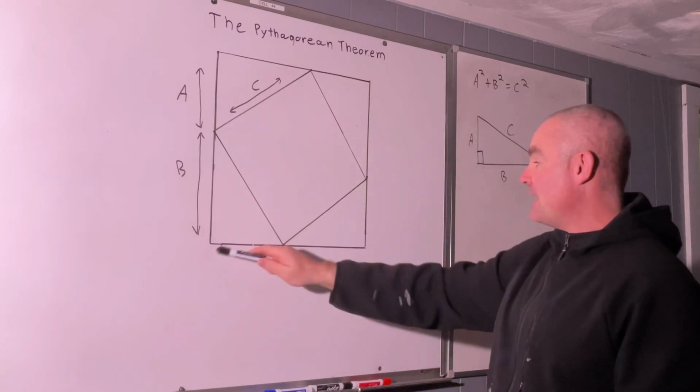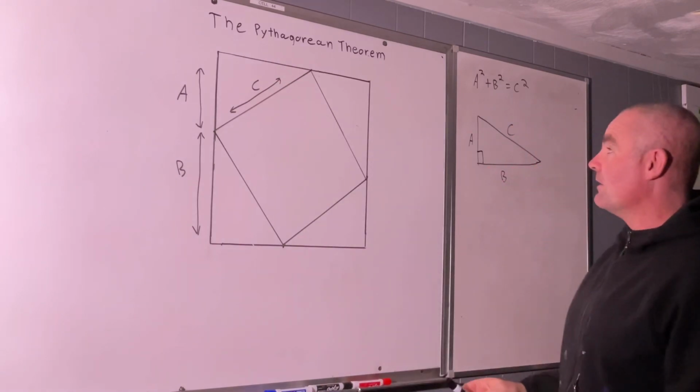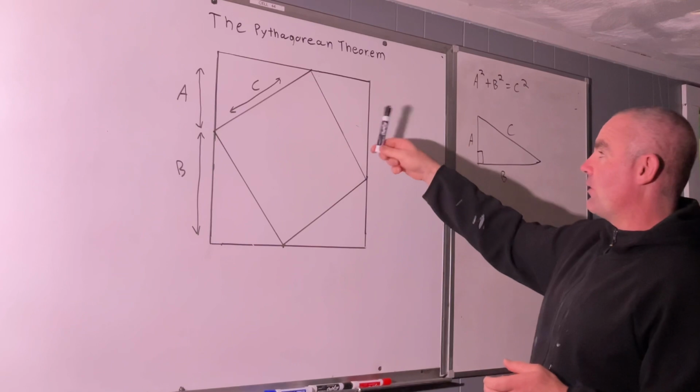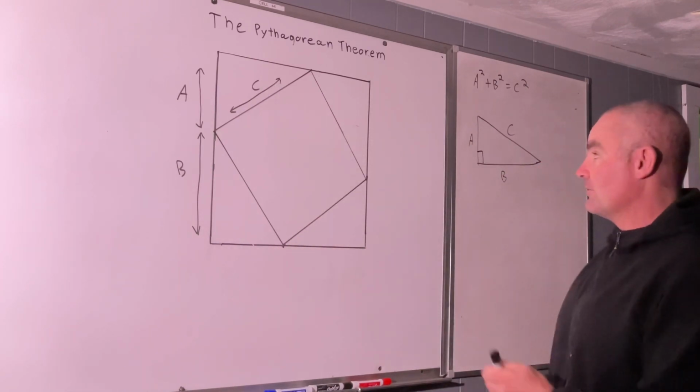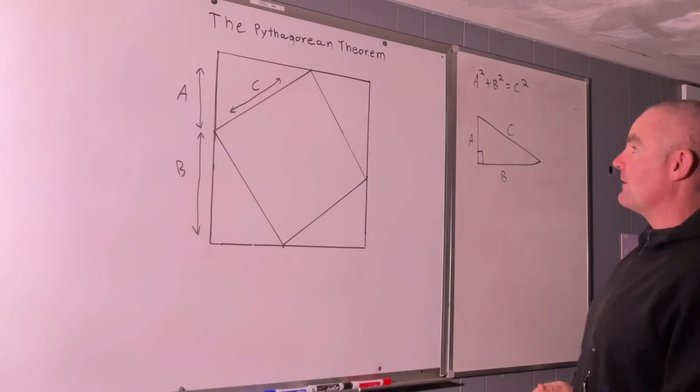And if this is B, then this is going to be B, that's going to be B, and that's going to be B as well. It should be pretty obvious that these triangles are going to be the same triangle, just rotated by 90 degrees over and over again.